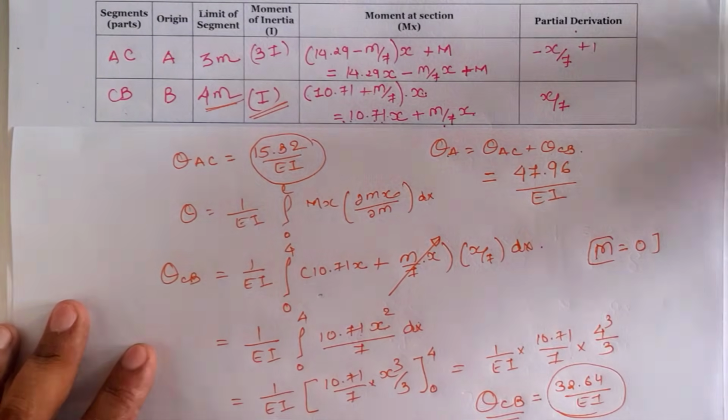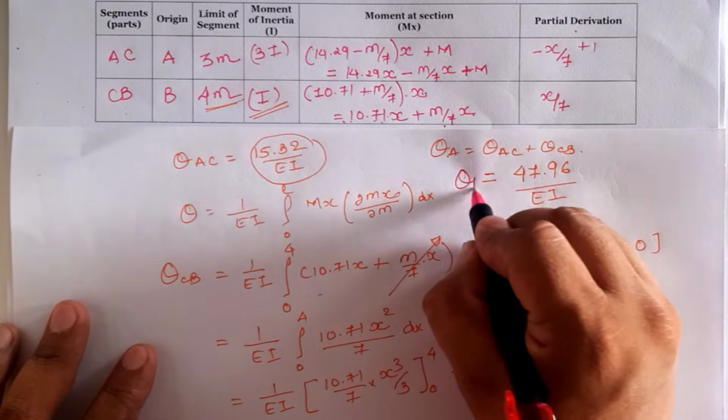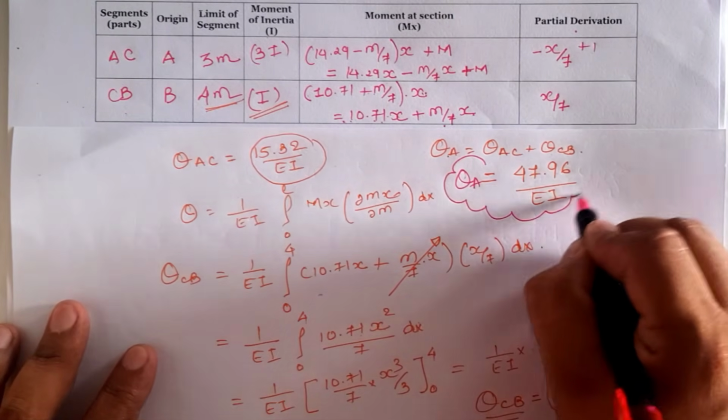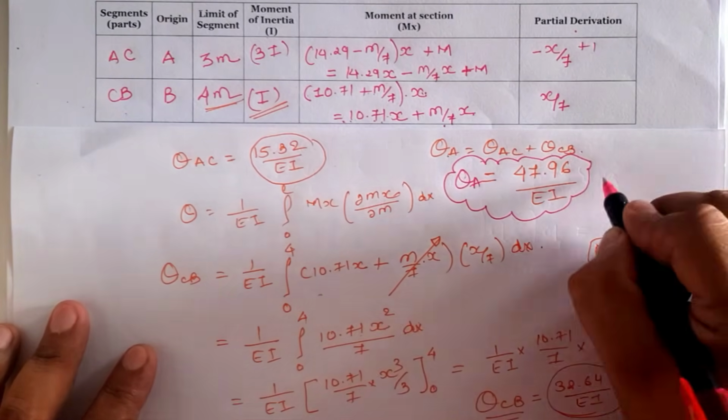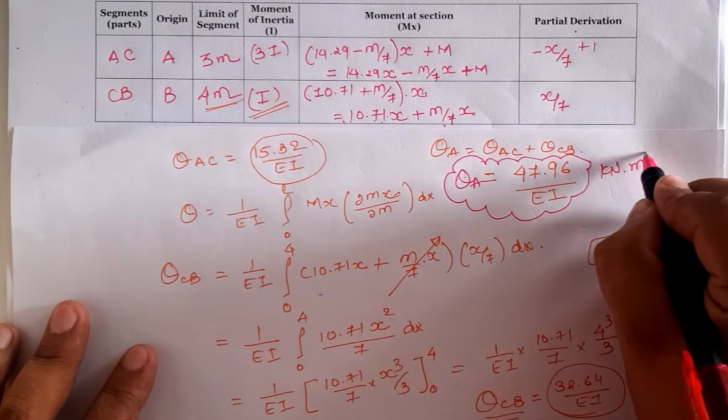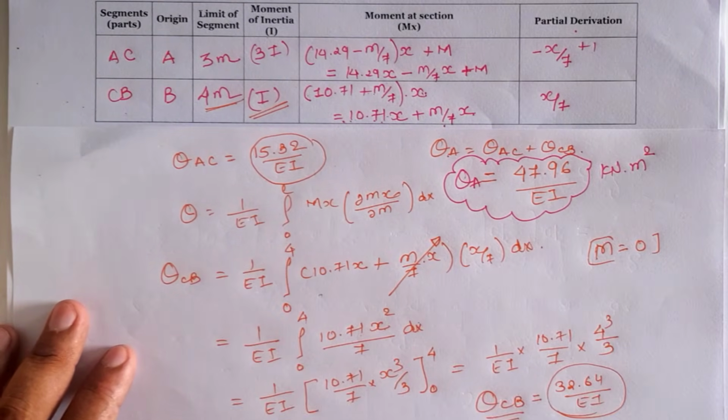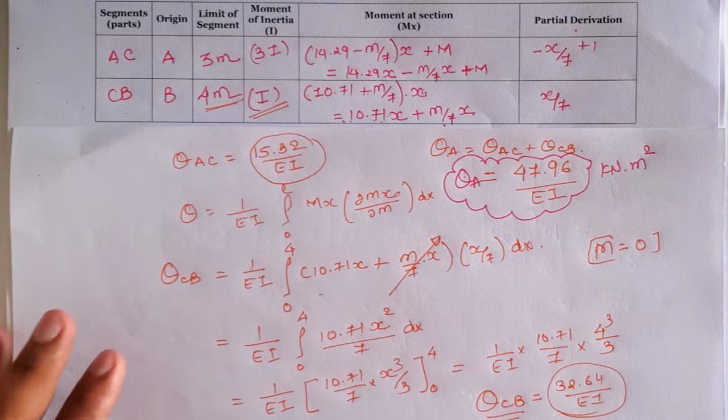So according to the given data, our slope at location A is 47.96 by EI in terms of kilonewton meter square. Thus we can calculate the rotation, or the slope, at a particular location or support using Castigliano's theorem. Thank you.